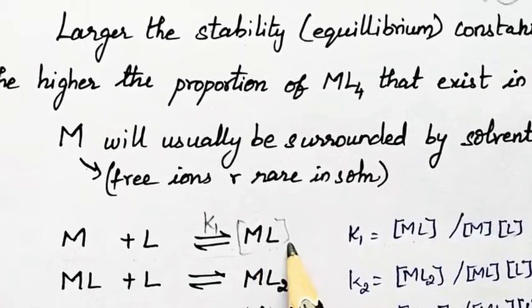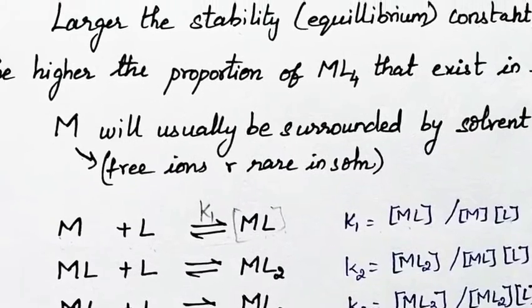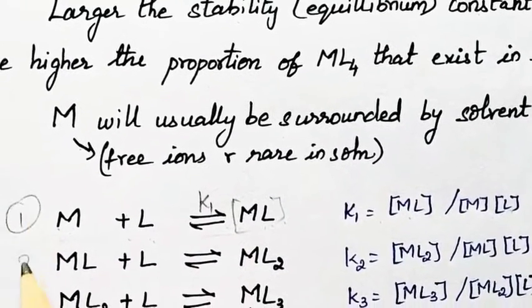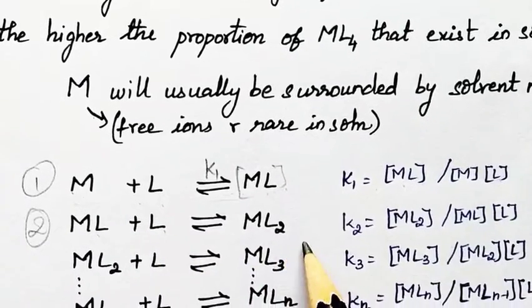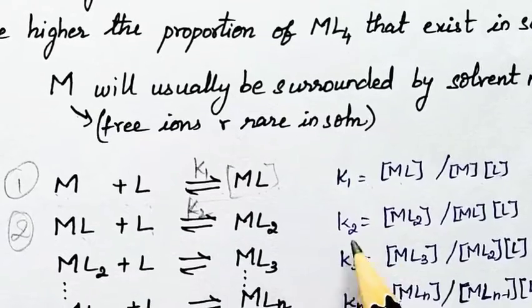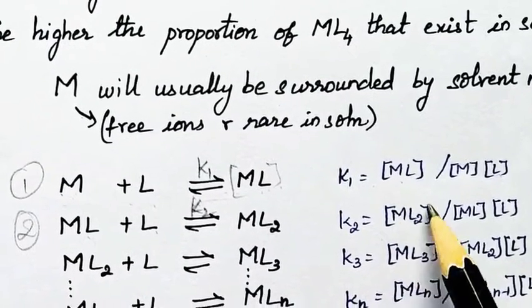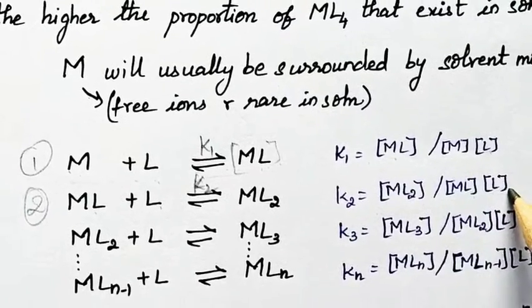So concentration of ML divided by concentration of M into concentration of L. And this is step 1. In step 2, this ML again links with one more ligand and forms ML2. Here I take the constant as K2. K2 is equal to concentration of ML2 divided by concentration of ML into concentration of L.